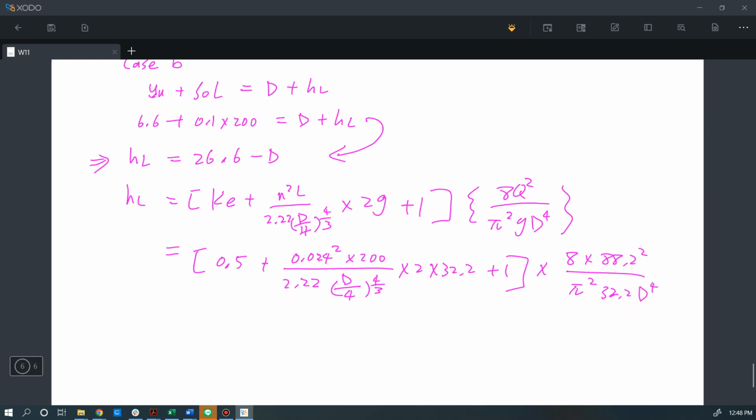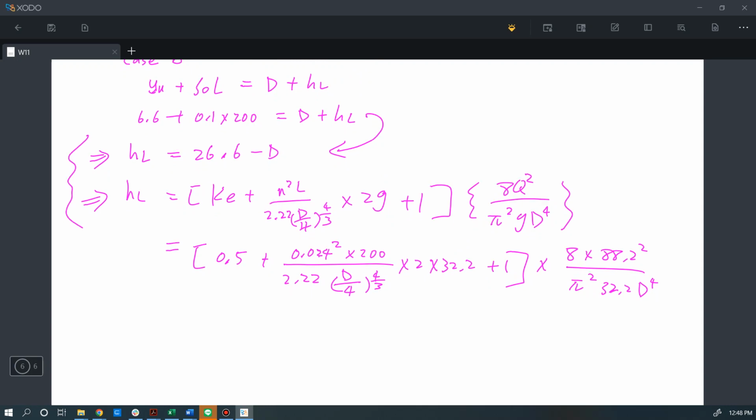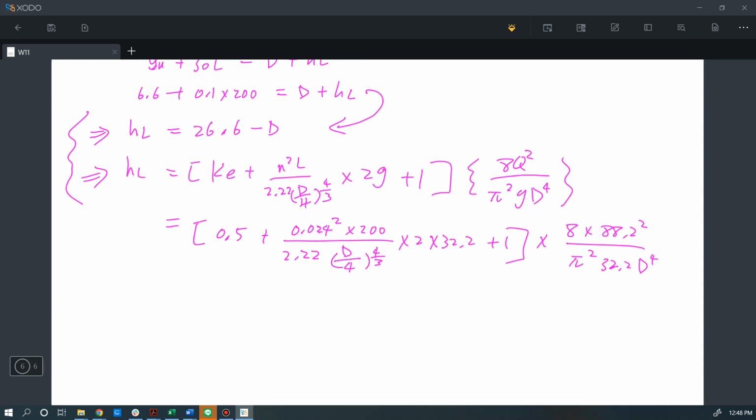Okay, so now you have these two equations, and you can use these two head loss expressions to solve for the unknown variable D, the diameter, which is the size of the circular pipe.